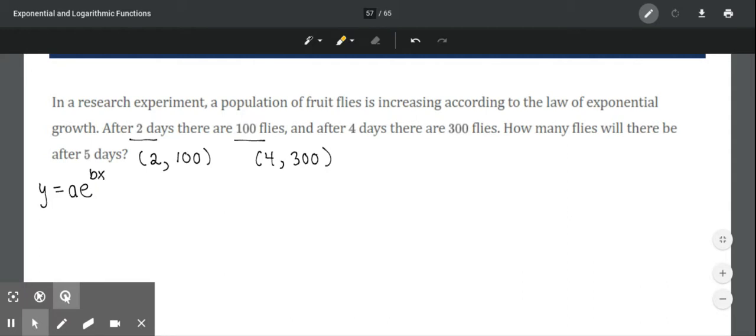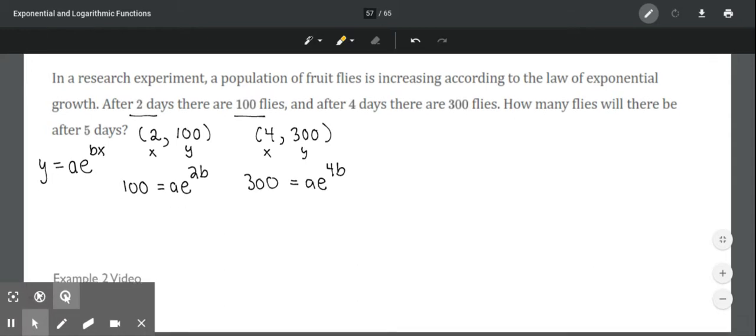In this case, we have these x and y values. So we're going to set up 2 different equations where we're subbing in. Our first one, if we sub 100 in for y, we have 100 equals a e to the 2b because we substituted 2 in for x. We could do the same thing here. We could say 300 equals a e to the 4b.